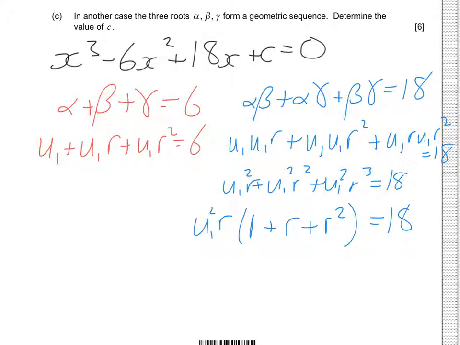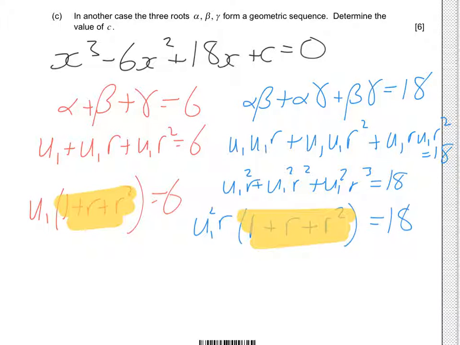And now let's look at the red one. We can do something similar. Take u1 out as a factor. You've got u1 times (1 plus r plus r squared) equals 6. And you may notice that there's some similarity there. 1 plus r plus r squared appears in both, so let's divide the blue by the red.